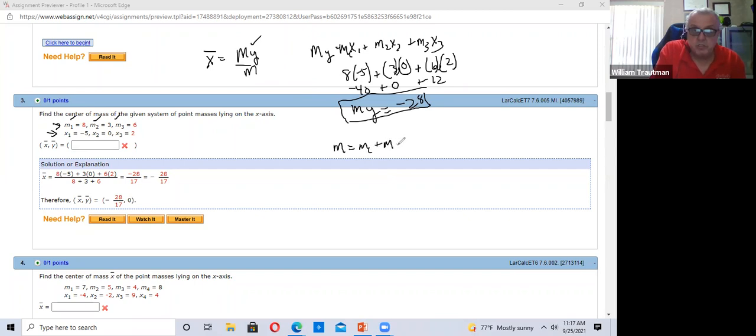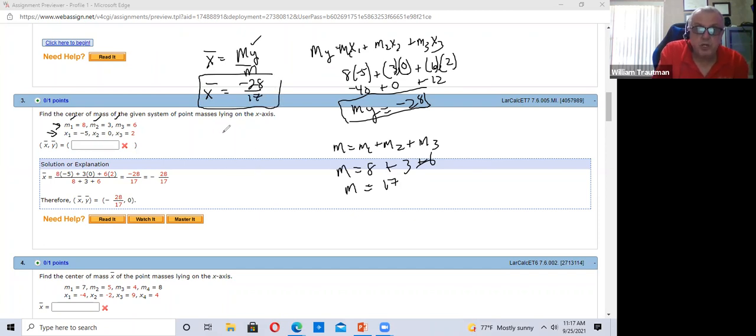Now we just have to find the total mass by adding m1 plus m2 plus m3. m1 is 8 plus 3 plus 6, so the total mass ends up being 17. So once again, X bar, our center of mass on the x-axis, is My, which was -28, divided by 17.